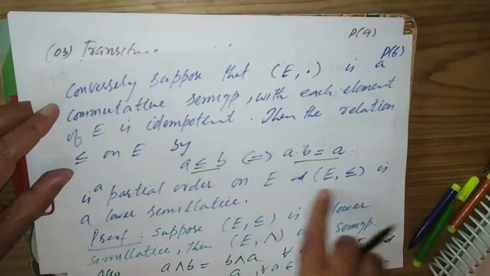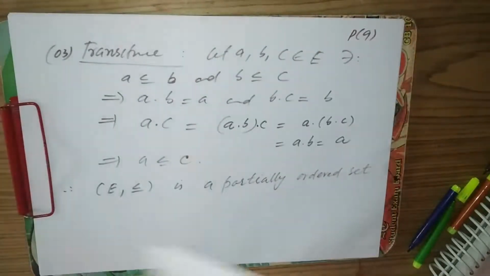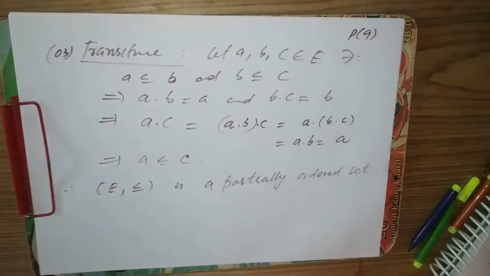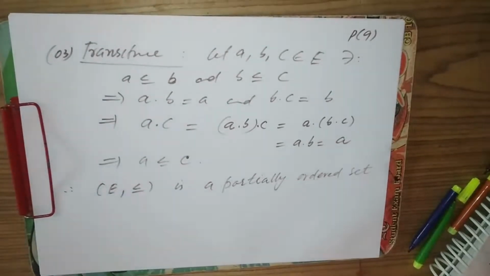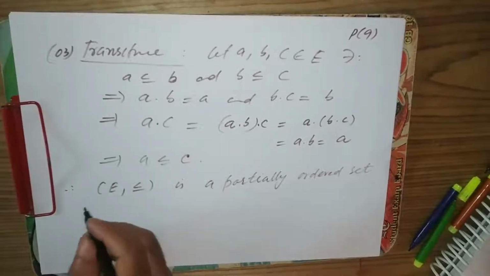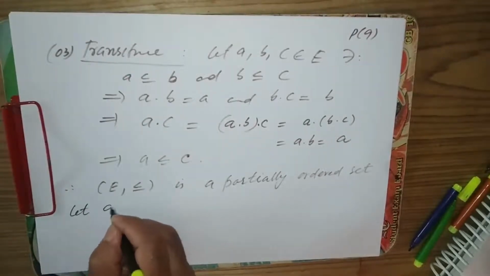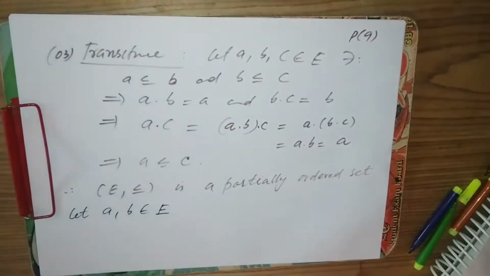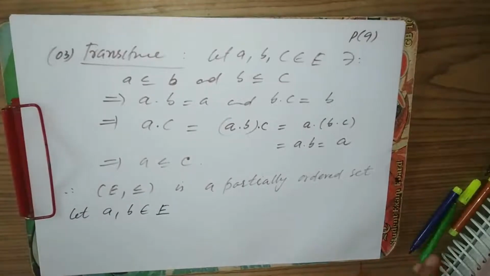So now we show that this is a lower semilattice. For the lower semilattice, we need to show that for any two elements A and B of E, their greatest lower bound exists. So let A, B belong to E.